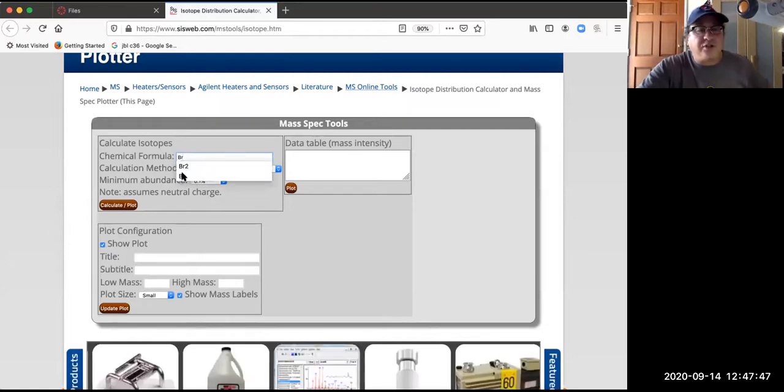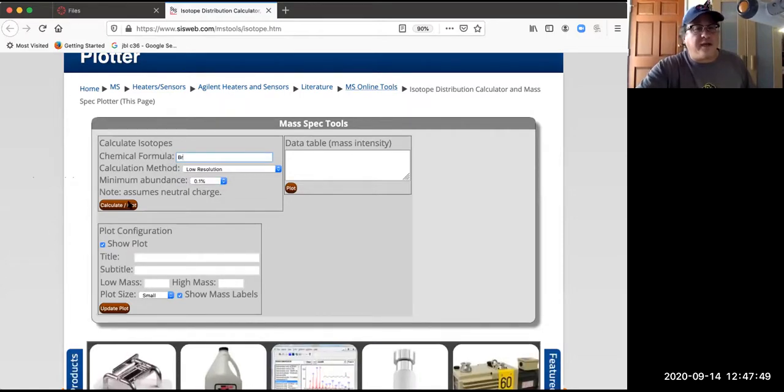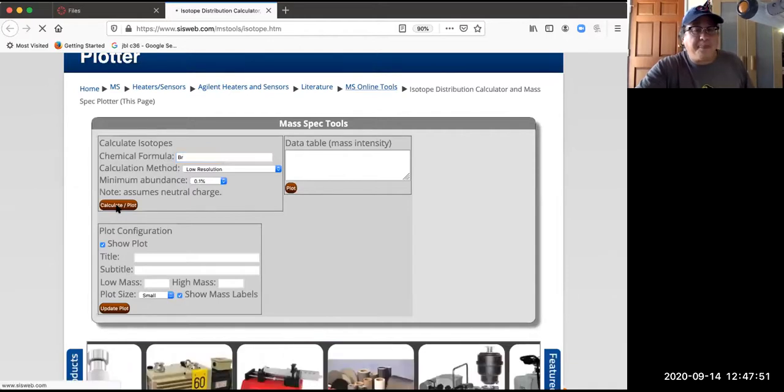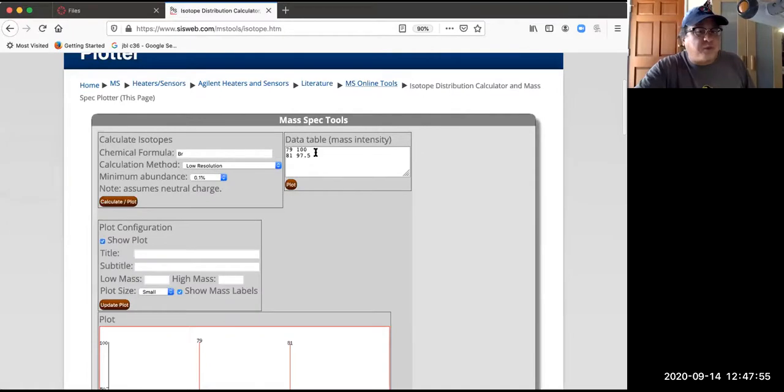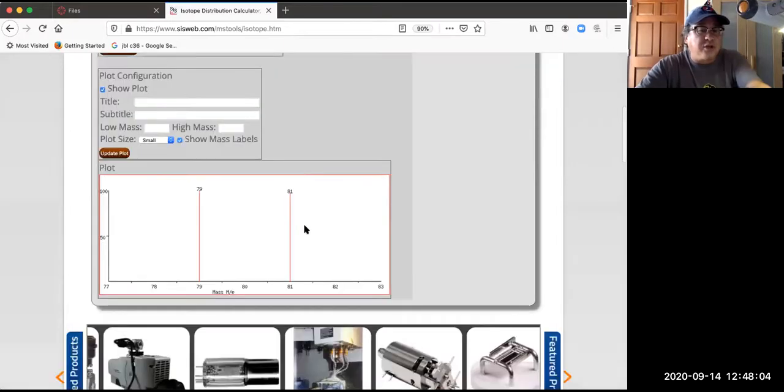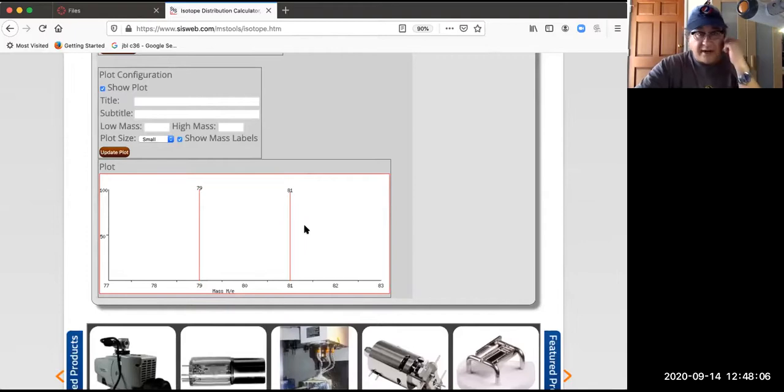And so I'm just going to go for single atoms of bromine, and I go to calculate plot. And you see these percentages, 100% and 97.5 at a mass of 79 and a mass of 81. And so here's what it looks like. And this is what I drew for you earlier, right?